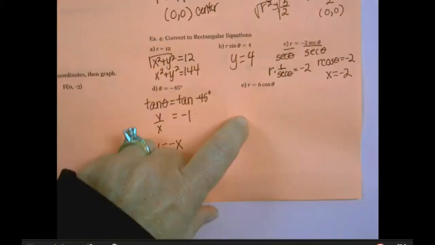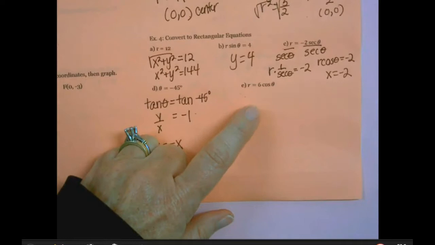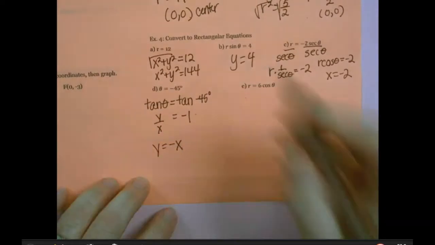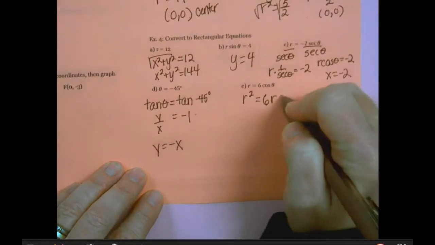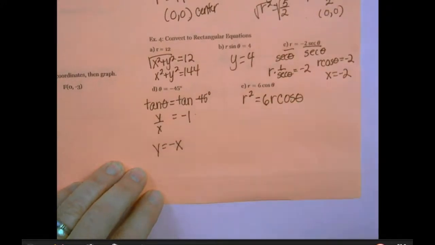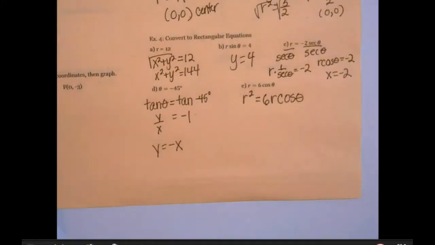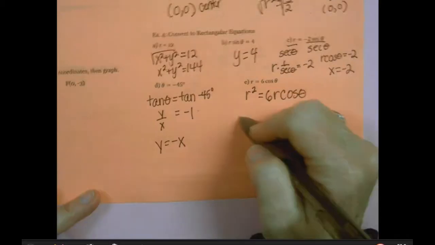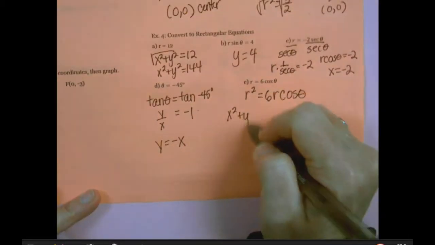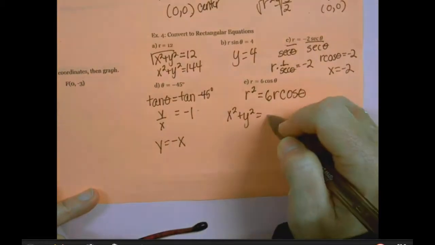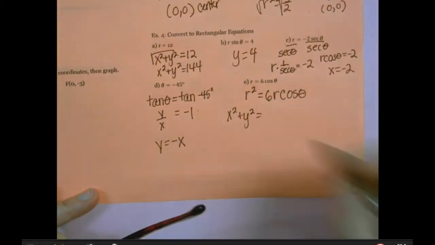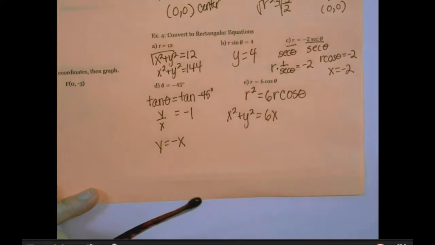I have to change this to x and y. So I'm going to multiply both sides by r. So I get r squared and 6r cosine of theta. I just multiplied by r on both sides. So I know my r squared equals x squared plus y squared. And what does the r cosine of theta equal? So I have 6x here now.